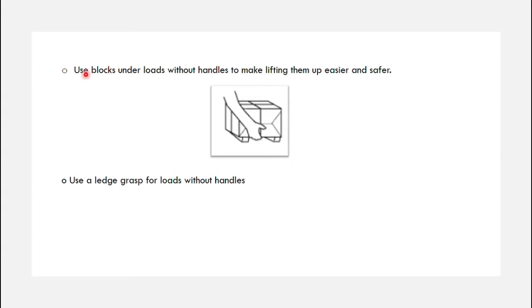Use block under loads without handle to lift them up easier and safer. Kapag wala siyang mahanap na sling or hook tapos wala siyang hawakan, magamit ka ng block para madali mo siyang ma-lift para yung laman ng box ay hindi mawawasak or masisira.